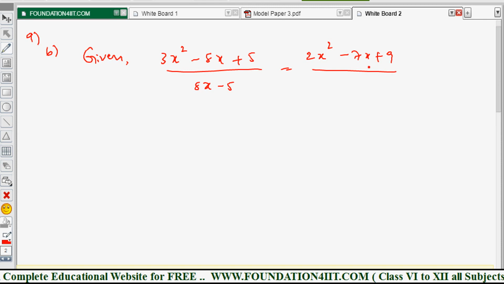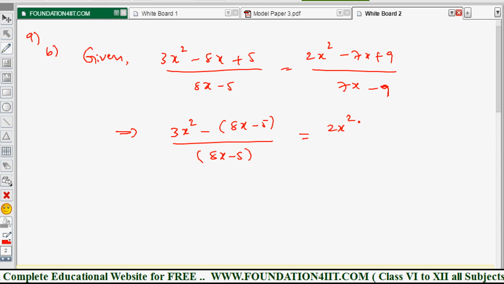Here 7x and 9 are there, so the same terms are here, 7x - 9, but the sign is changed. Using this, I can make a little change, because to apply the componendo or dividendo rules, I'm taking -1 common from 3x², then (8x - 5)/(8x - 5) is as it is. Also from 2x², take minus common, (7x - 9)/(7x - 9).